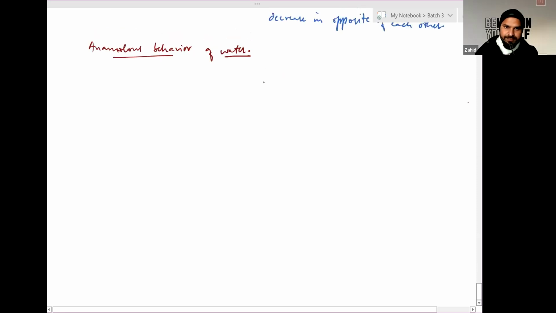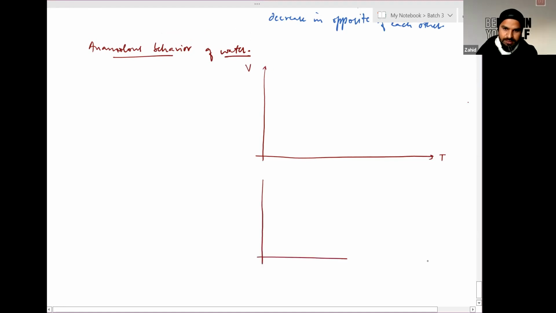Suppose you plot volume versus temperature, then density versus temperature.